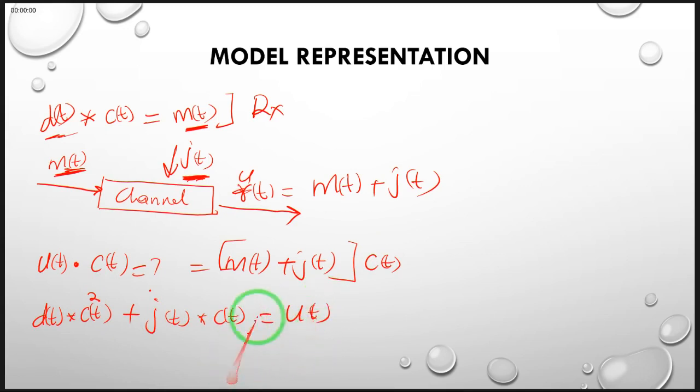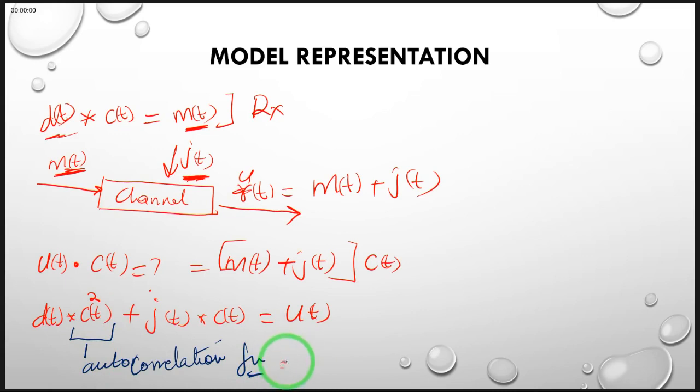And what we have seen before is that this c squared of t is what we call the autocorrelation function of our PN code. And when we evaluated the autocorrelation function of our PN code, we found that, remember, at that time we were calling it p(t), and we said p squared of t is equal to 1 only when the delay tau is equal to 0 or tau is equal to n.